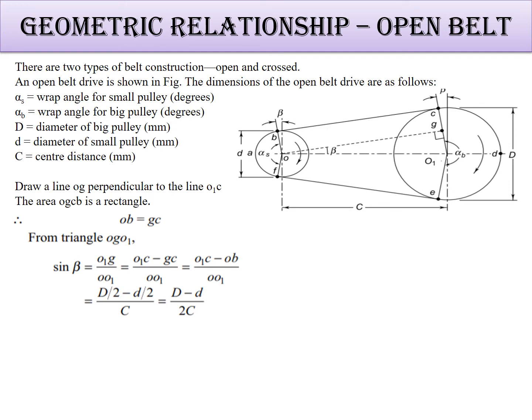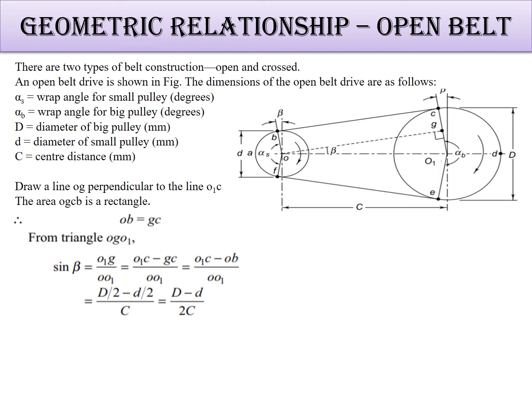So sine of beta for triangle OGO1 will be O1G upon O1O. O1G is nothing but O1C minus GC.